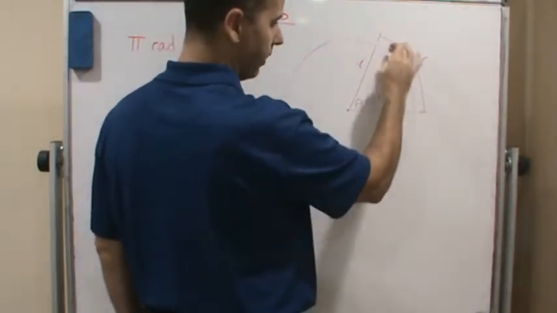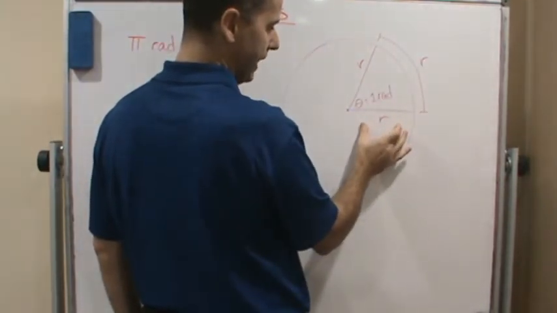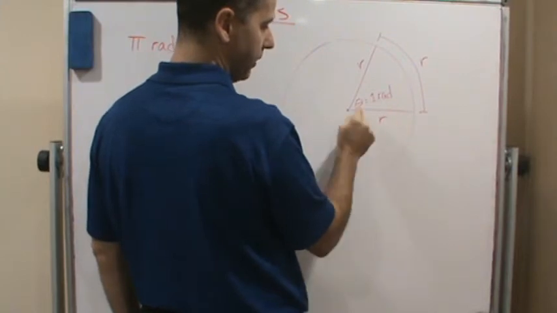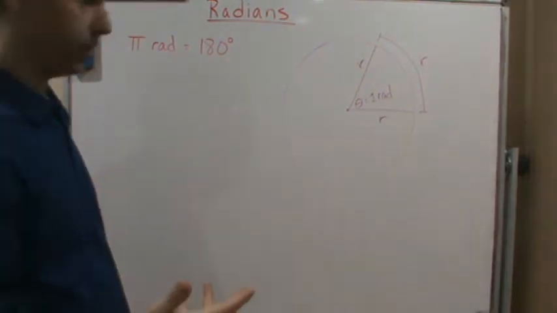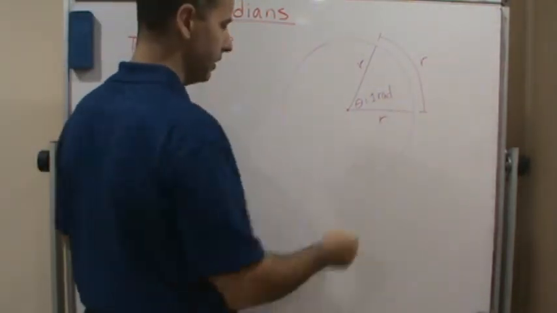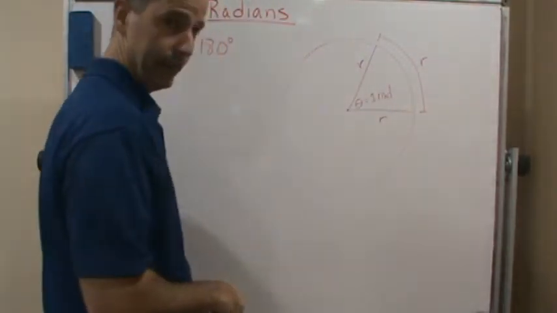So when this arc length measures the same as the radius, the measurement of the central angle in that case is defined as 1 radian.